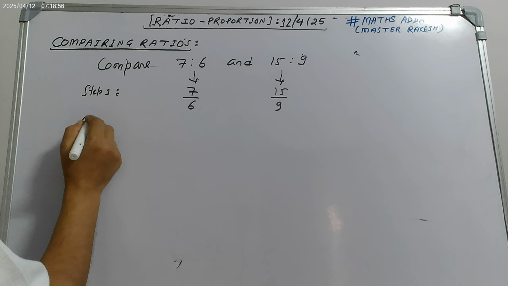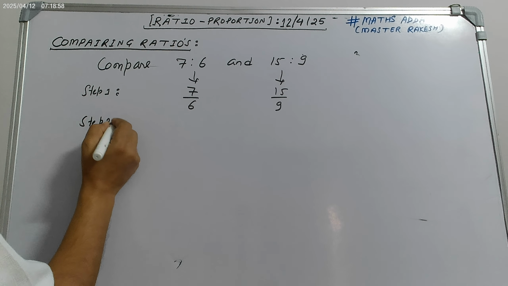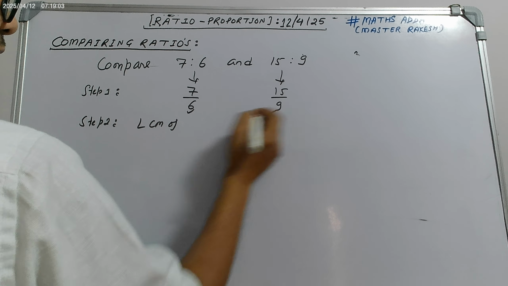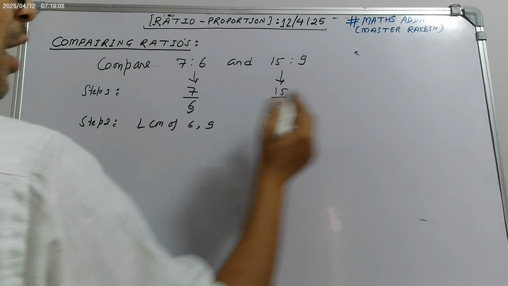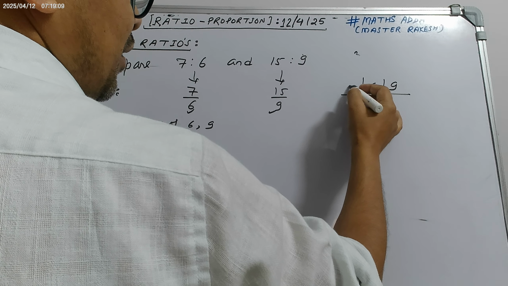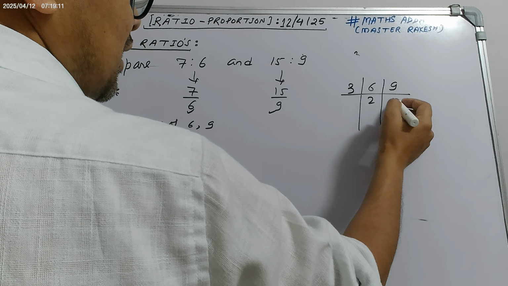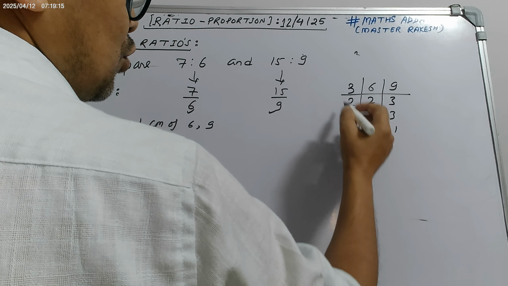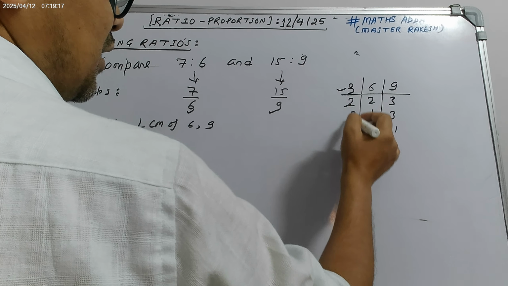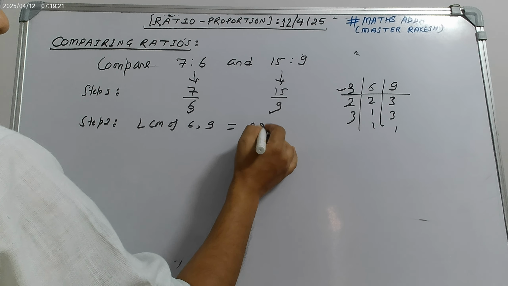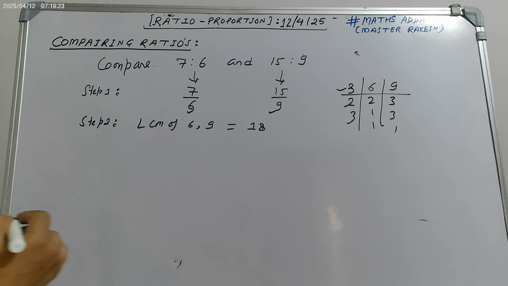Step 2 is the LCM of 6 and 9. How do we take the LCM? Like this, in ladder form. 3 2s are 6, 3 3s are 9, then 2, 3. So 3 times 3 times 2, 3 3s are 9, 2 9s are 18. The LCM of 6 and 9 is 18.